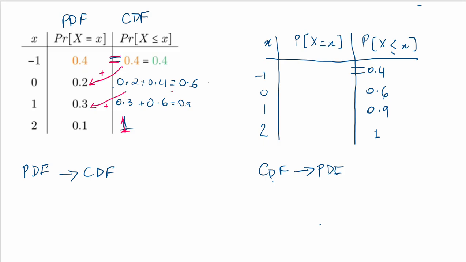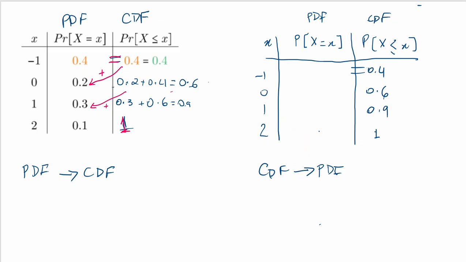So let's say that you are given the CDF, right? So it's the same problem, but imagine that I'm asking you on the test, I say, well, look, here's my CDF. Please, can you find me the PDF, the original one? Okay. So how can we do that?